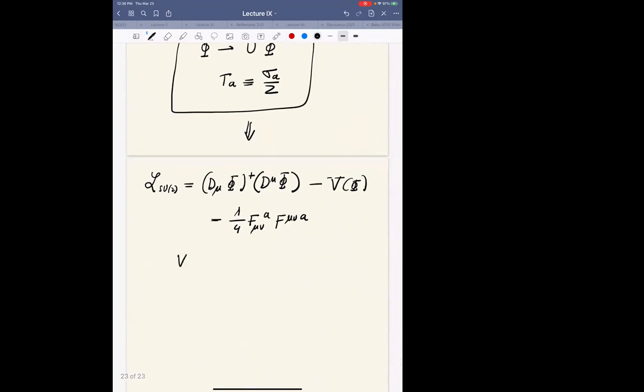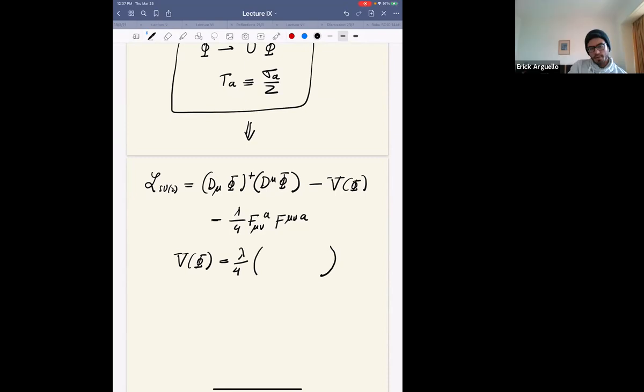So see how it is. How will the potential look like? We won't do the symmetry breaking. We'll just stop now in a few minutes. There is some constant. In the U(1) case, I wrote phi star phi, absolute value. What should I write now to make it invariant? Phi dagger phi.